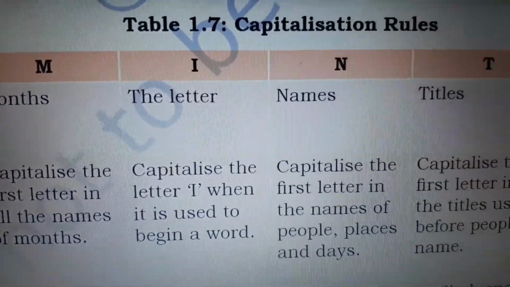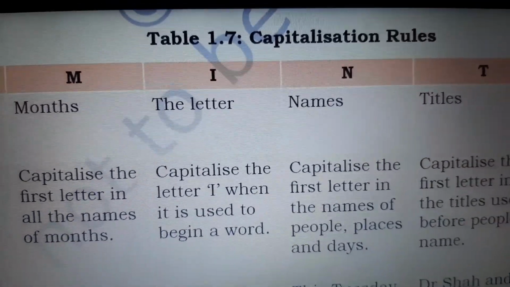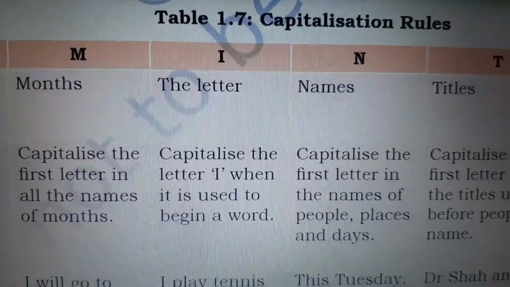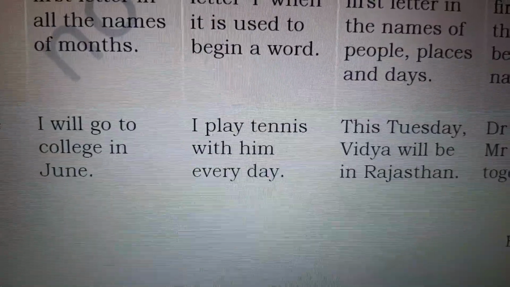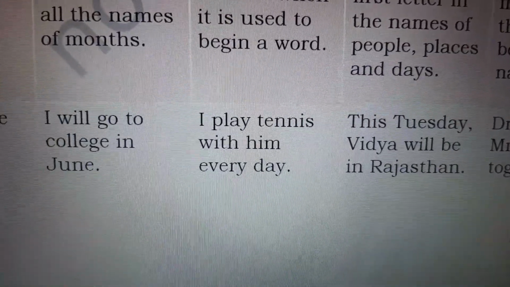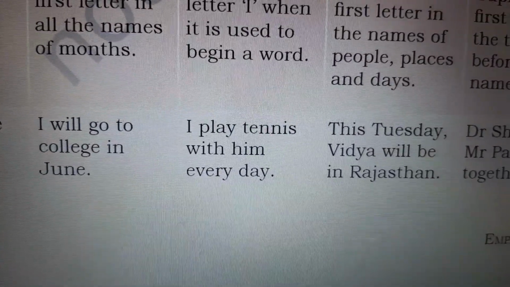Then here comes the I. I means you have to capitalize the letter I whenever it is used, like I play tennis with him every day, or I play hockey every day. So I will be capital.